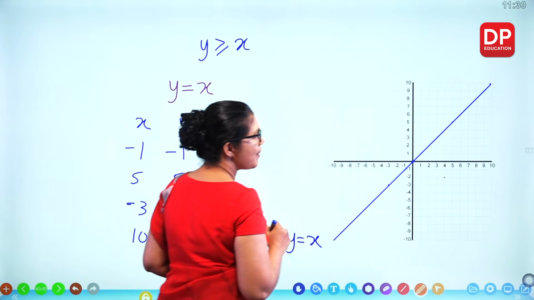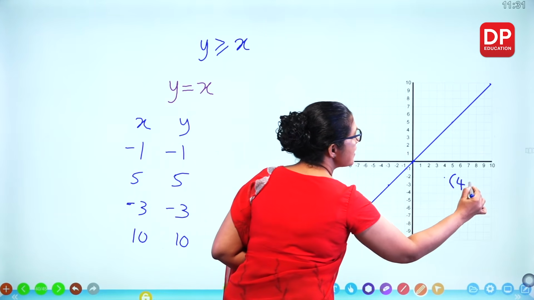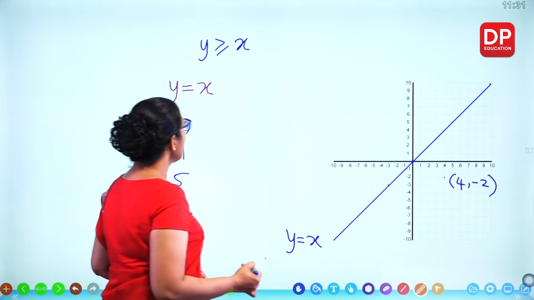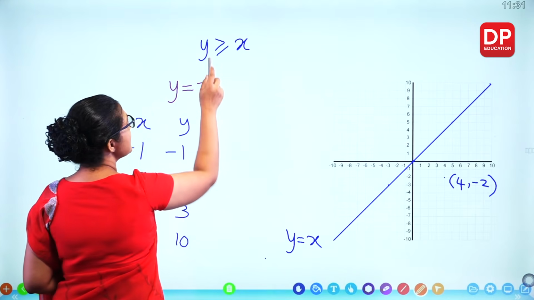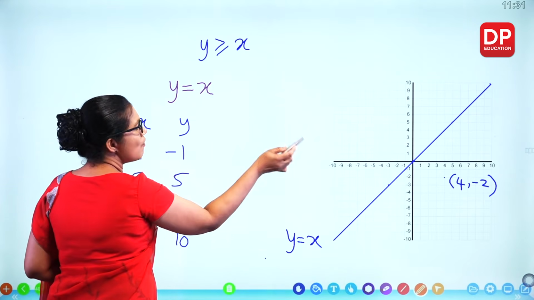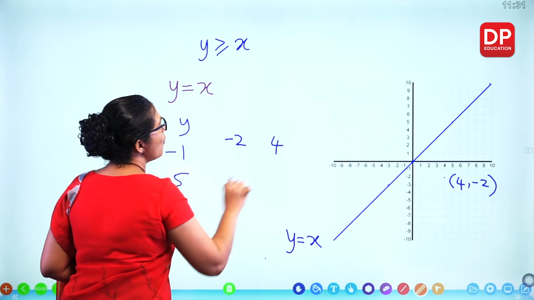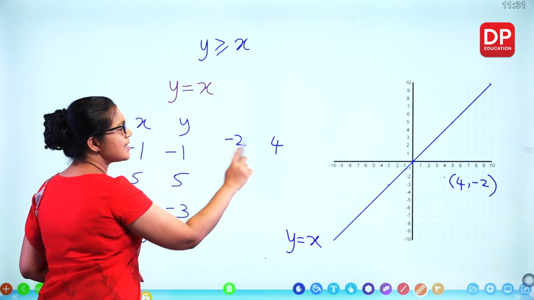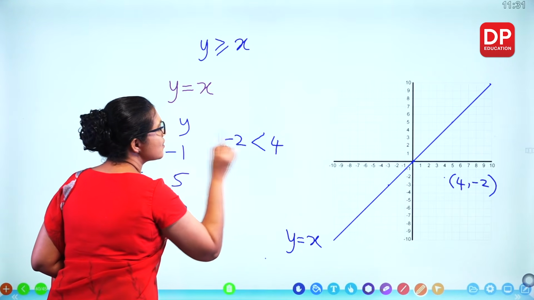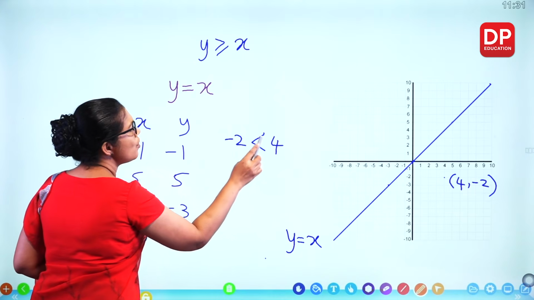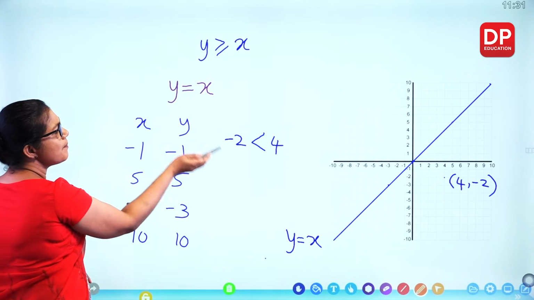So we'll take this point. What are the coordinates? 4 and -2. Okay, so now we'll see whether 4 and -2 satisfy this inequality. When you take y value is -2 and x value is 4, which one is greater? When you compare -2 and 4, we see 4 is greater. So on this side, -2 is less than 4. Now, this is not the same side.